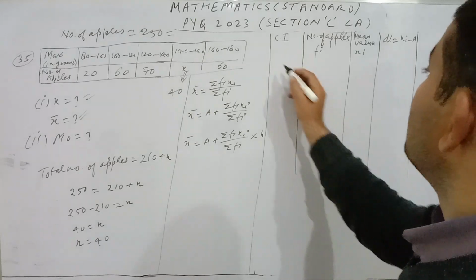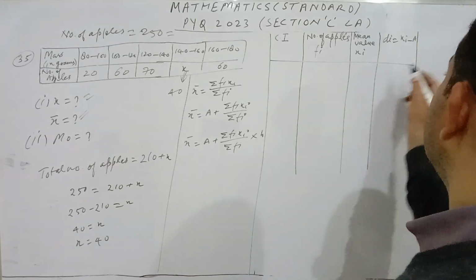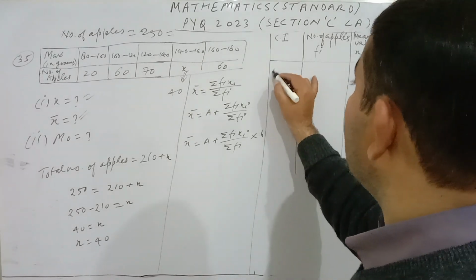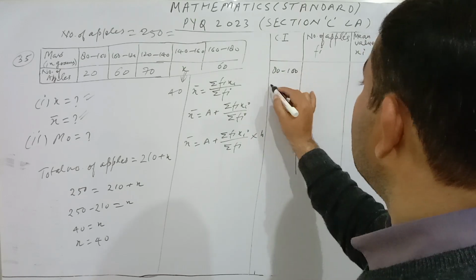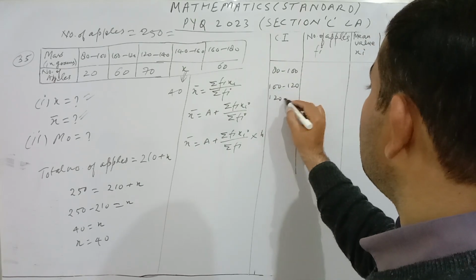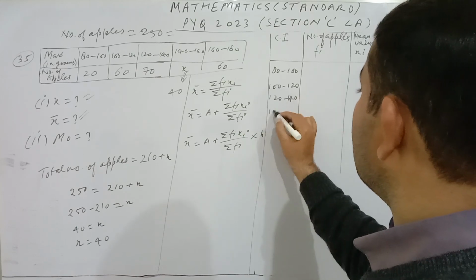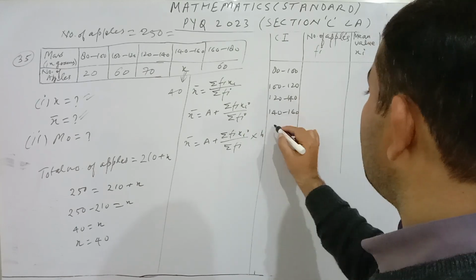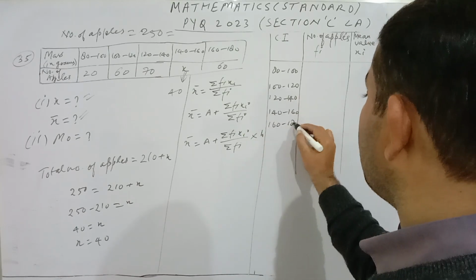Okay, so we will note down here class intervals 50 to 100, then 100 to 120, then 120 to 140, then 140 to 160, then 160 to 180.